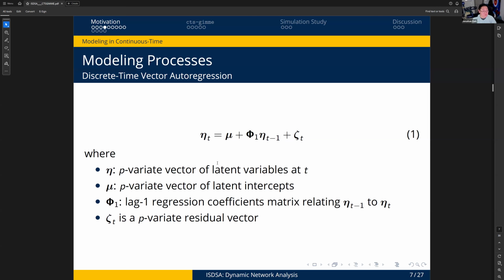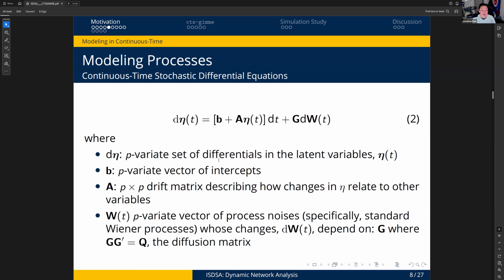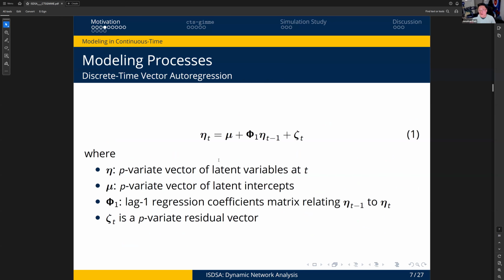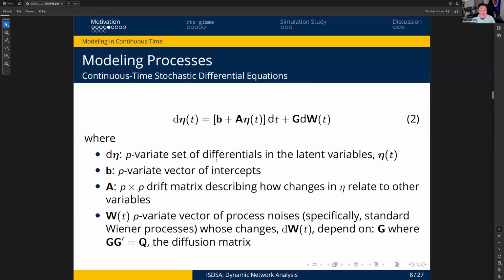In continuous time, as Sy-Miin already showed us, you have a different set of equations, and I'm not going to go into the notation of this, but given that I've just pointed out the similarity between the discrete equation and linear regression, if you look at this equation, you should also see the elements of linear regression, right?